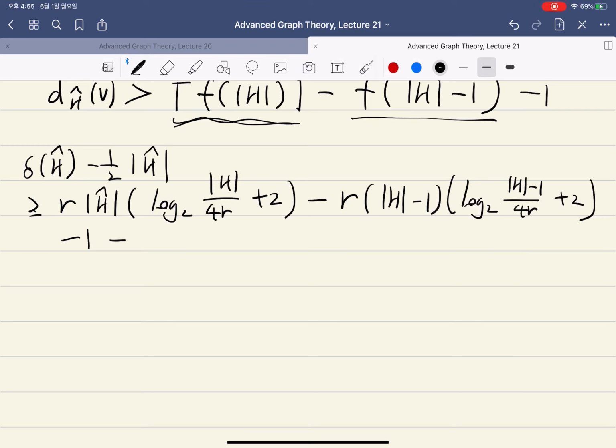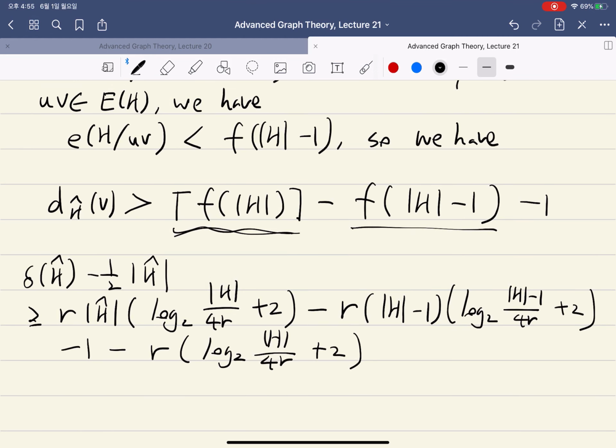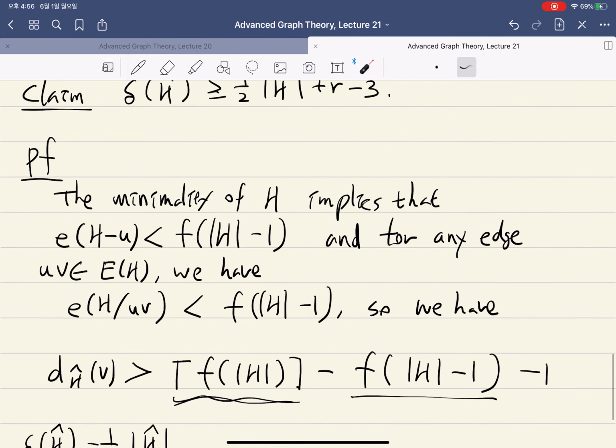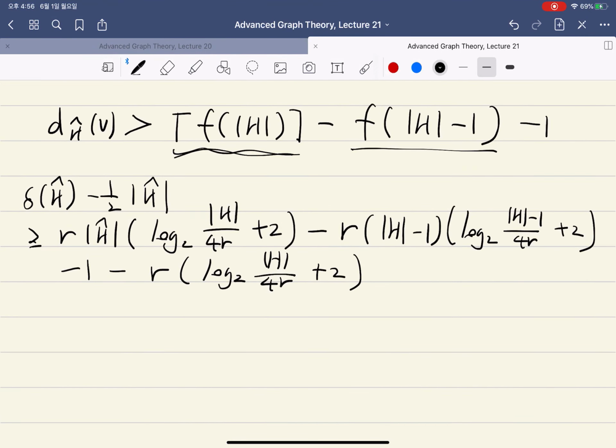So which is r log 2 h over 4r plus 2, and so we know that this is smaller than that, but comparing this and this, and this and this, half, give me a moment, so you subtract it.